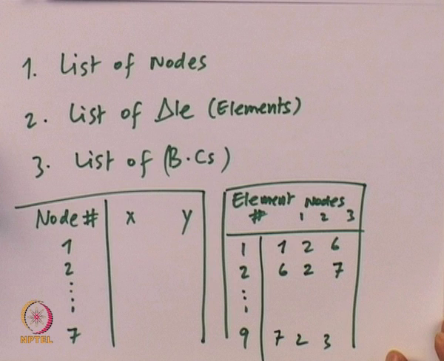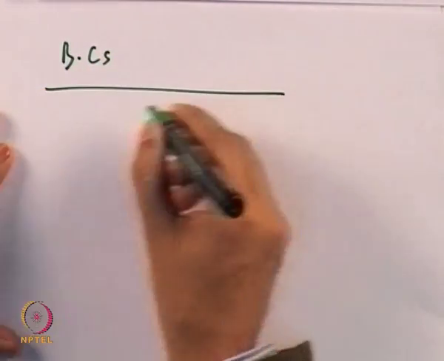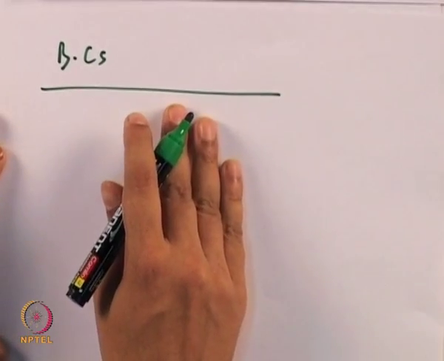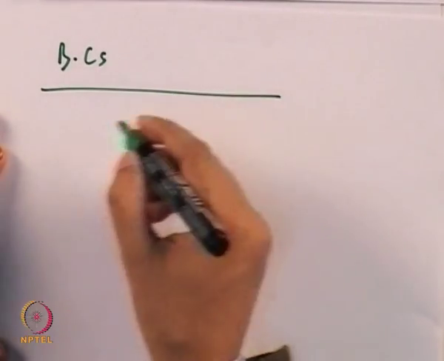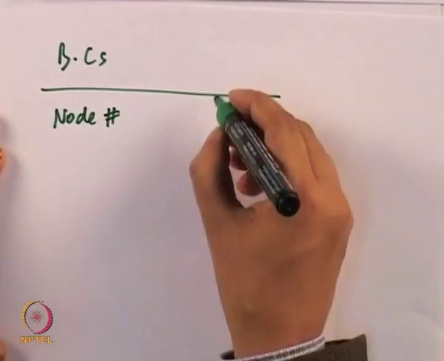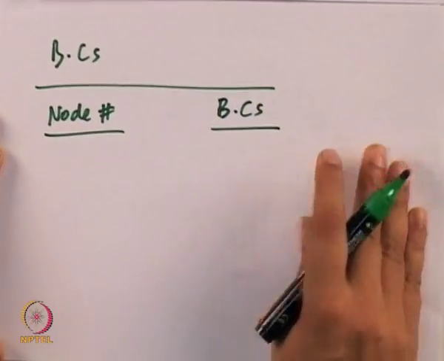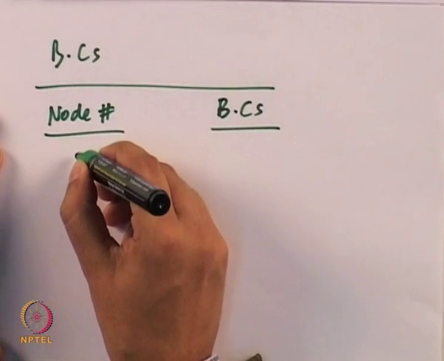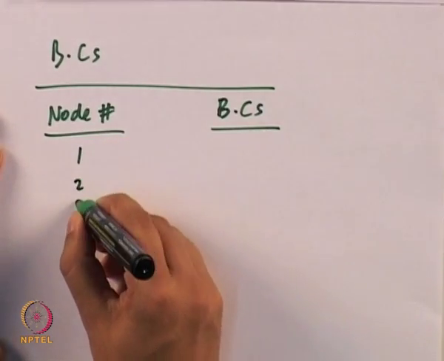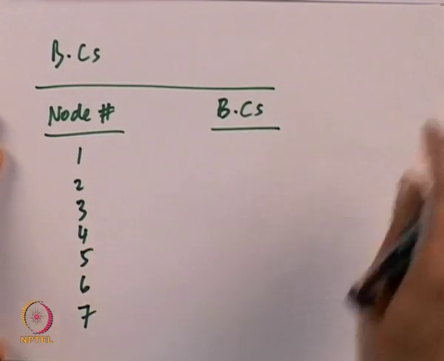So let's also write it down. The list of boundary conditions are going to be given by boundary nodes, and then the node number, and then the boundary condition. We have totally 7 nodes, so we will give them the values 1, 2, 3, 4, 5, 6, 7.